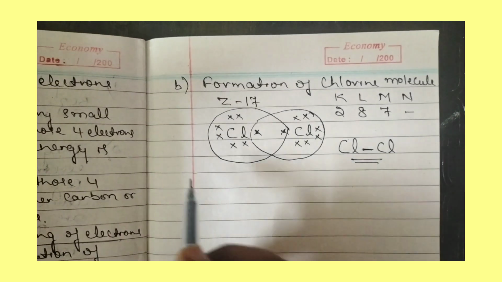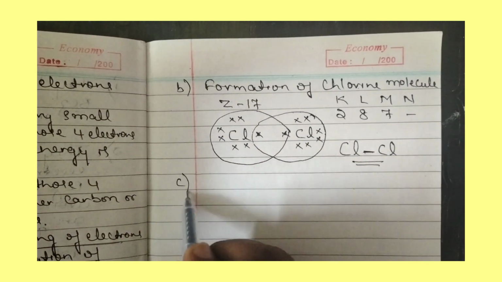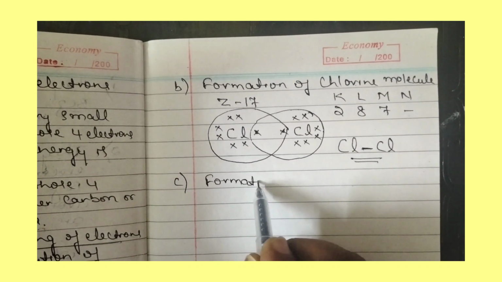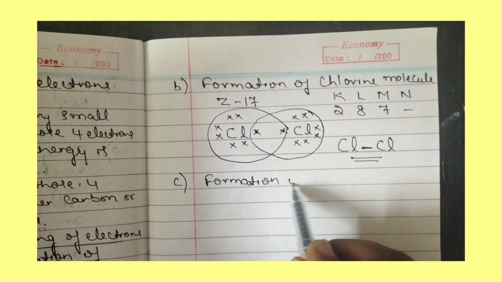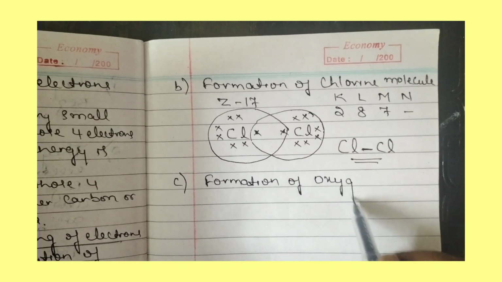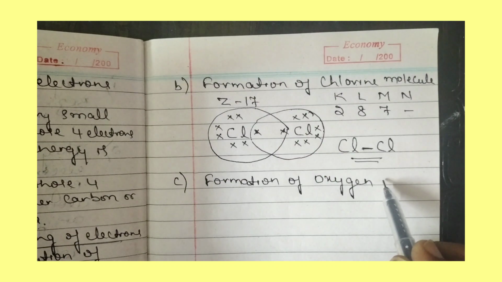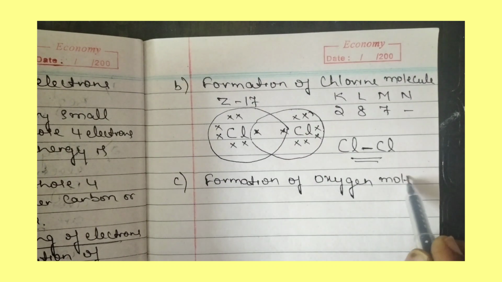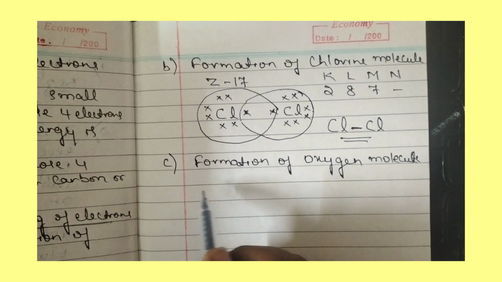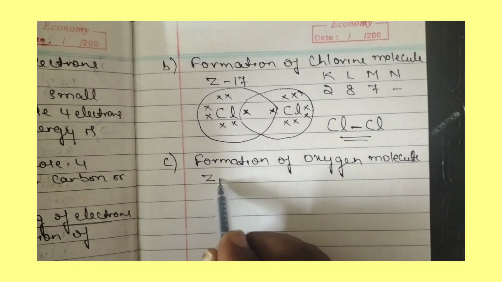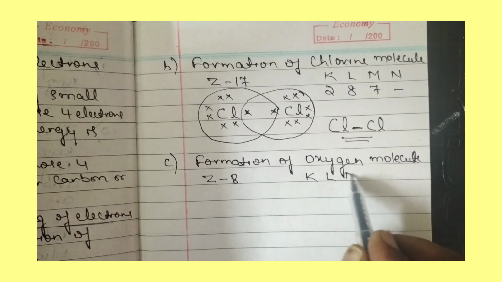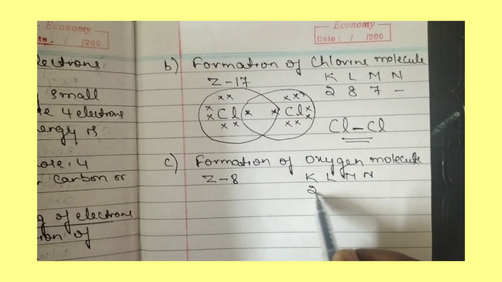So this is the formation of chlorine molecule. Next let us move for formation of oxygen molecule. The atomic number of oxygen is 8, so the electronic configuration is 2, 6.